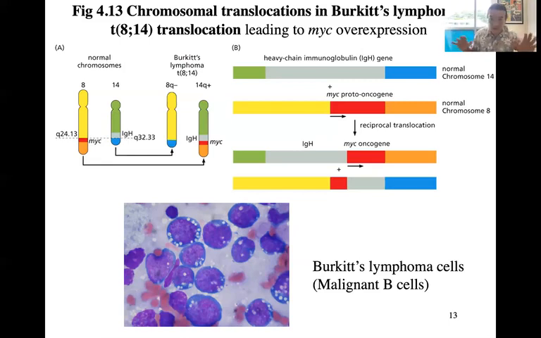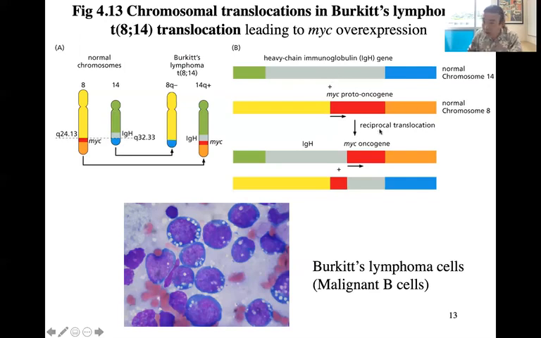Remember, every cell in your body that has a nucleus has these genes. It's just the other cells don't bother actually expressing product from these genes. But in B cells, you're constantly making heavy chain. That means the promoter here is very active, a constitutively on kind of promoter, driving production of Ig heavy chain.